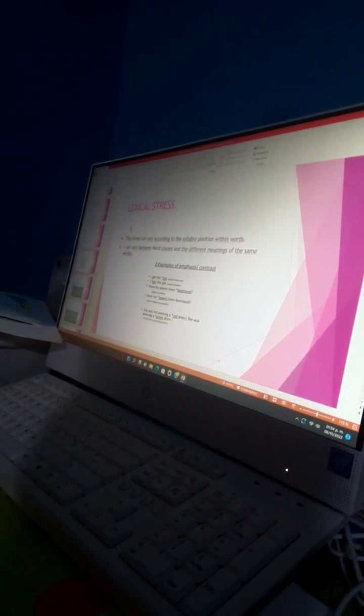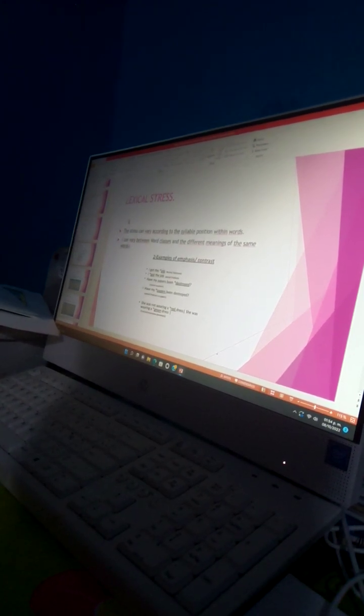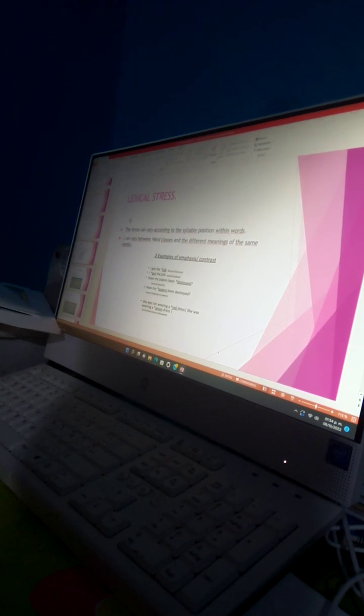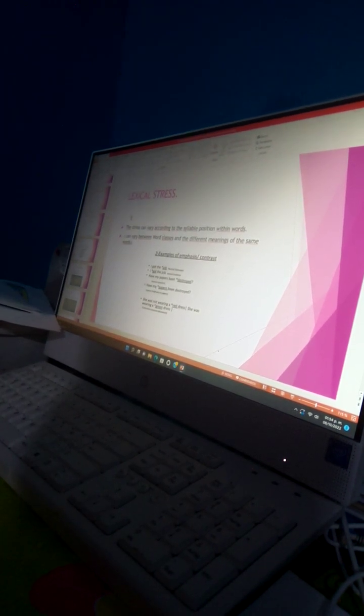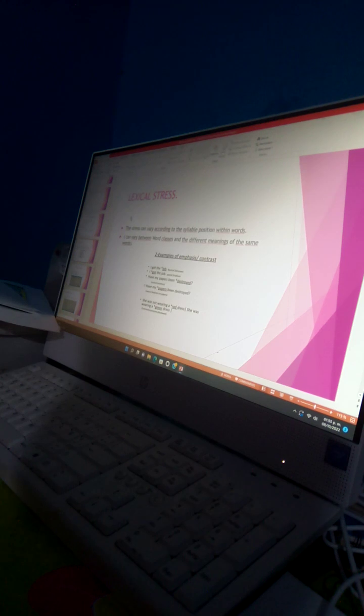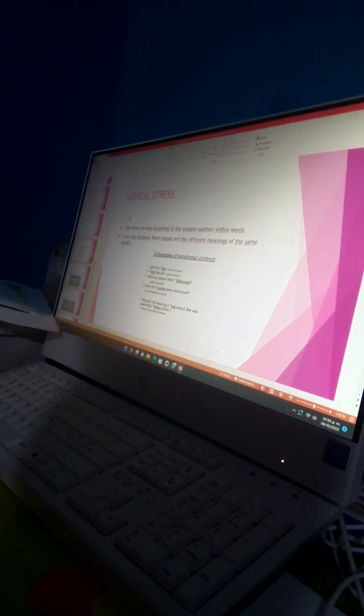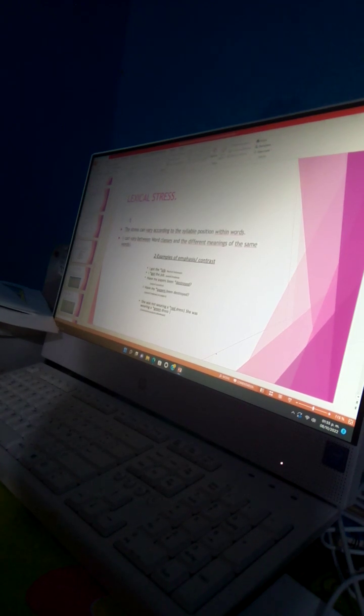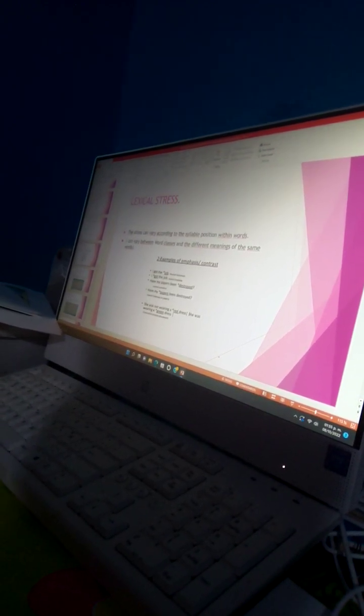What is lexical stress? The lexical stress is the next. The stress can vary according to the syllable position within the words, can vary between word classes, and the different meanings of the same words. For example, we have here three example sentences, all right? The first says, I got the job.